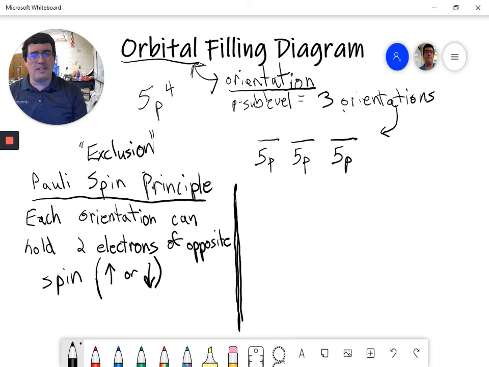But anyways, the Pauli exclusion principle, Pauli spin principle: each orientation holds 2 electrons of opposite spin.